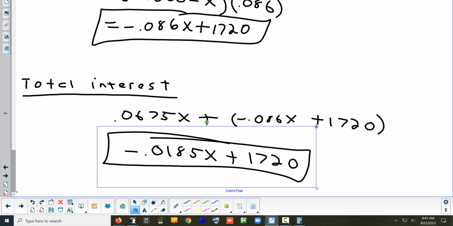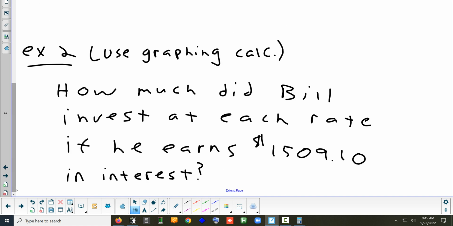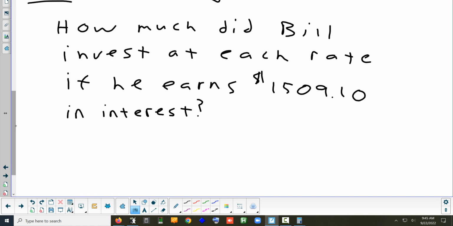Negative 0.0185x, and then plus 1720. Okay, so there's the total interest. And that's the formula that would calculate it, but we already know what it is.